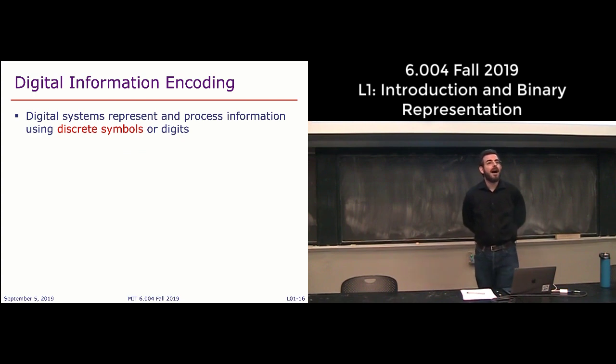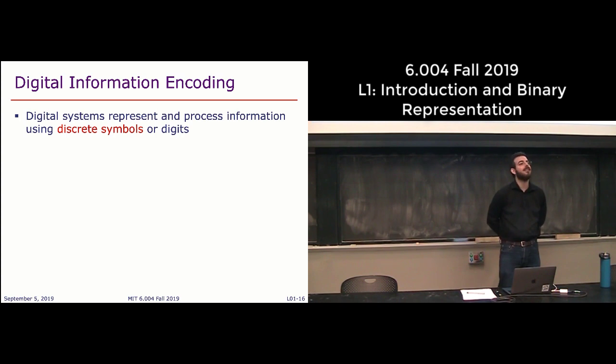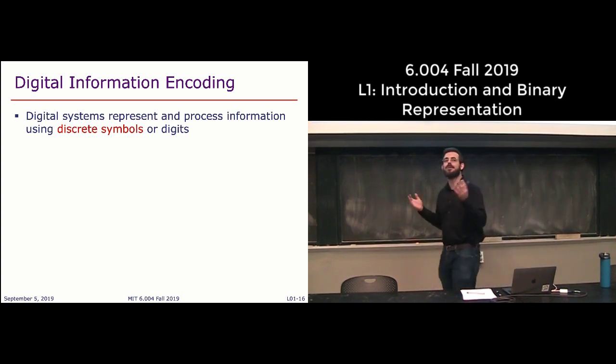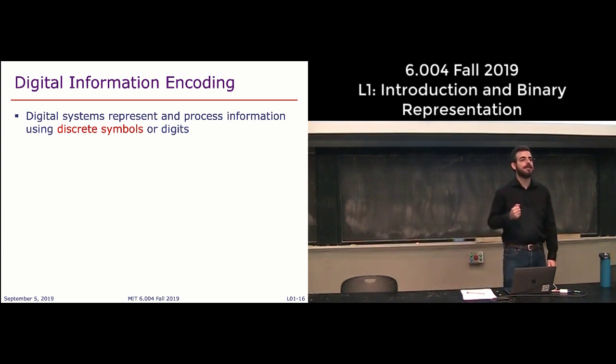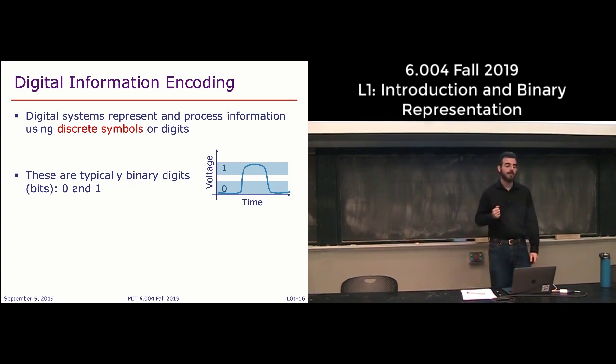At a high level, the reason we call them digital systems is that they store and process information using digits, that is, discrete symbols. That's where the name digital comes from. You could choose many different kinds of digits, 2, 3, 4 different kinds of symbols, but most digital systems today use 2 binary digits, which are called bits for short, and we typically denote them as 0 and 1.